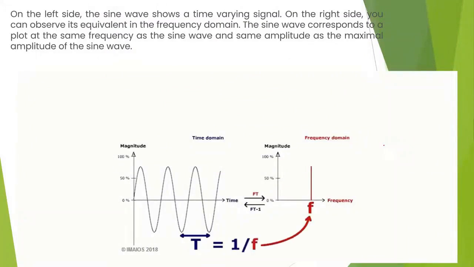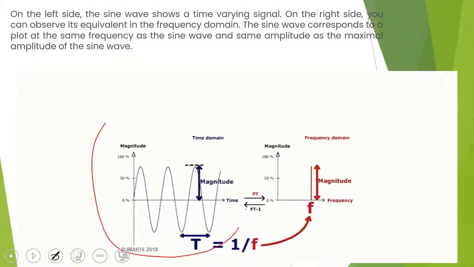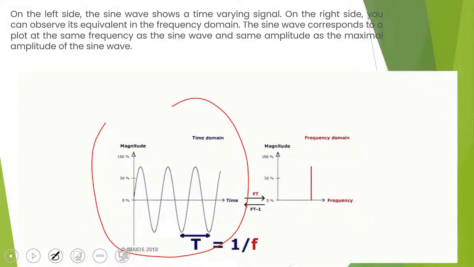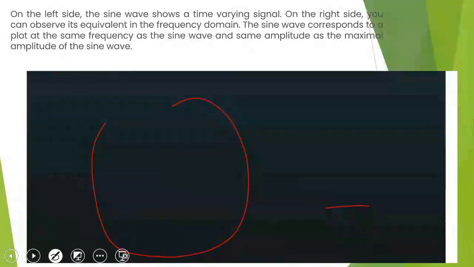Yes, this signal converts the signal from this form to something else. What you see here represents the strength of the signal and the frequency scales on the x-axis.